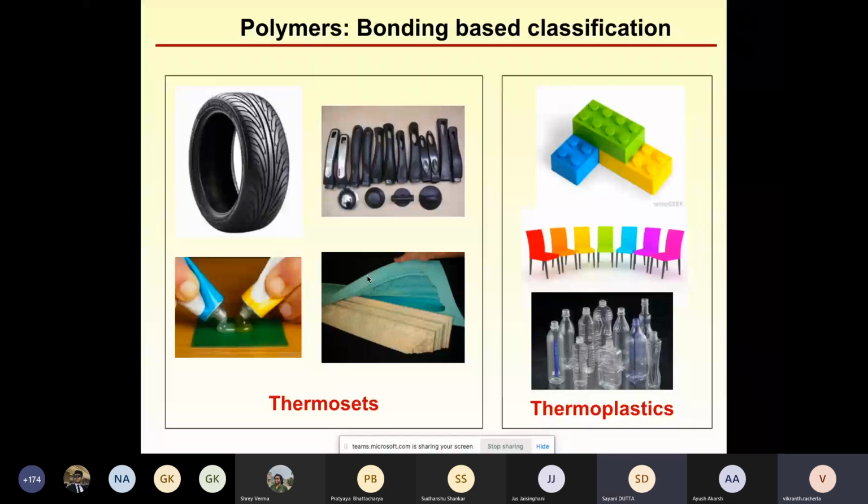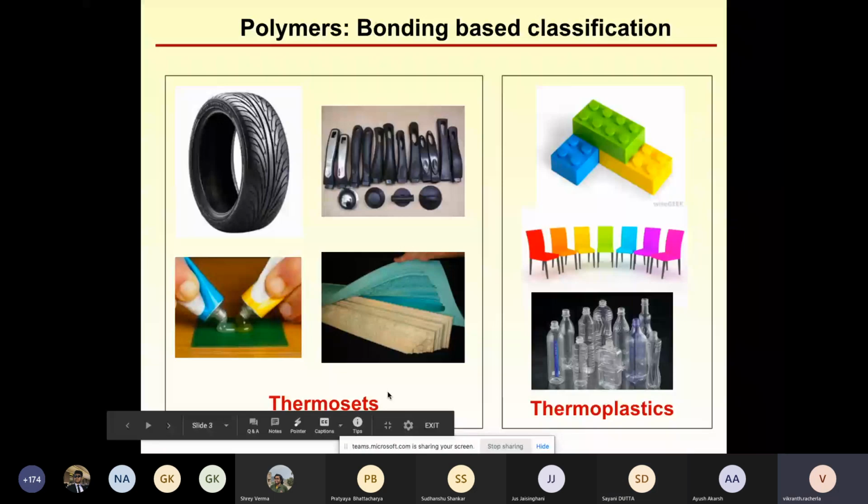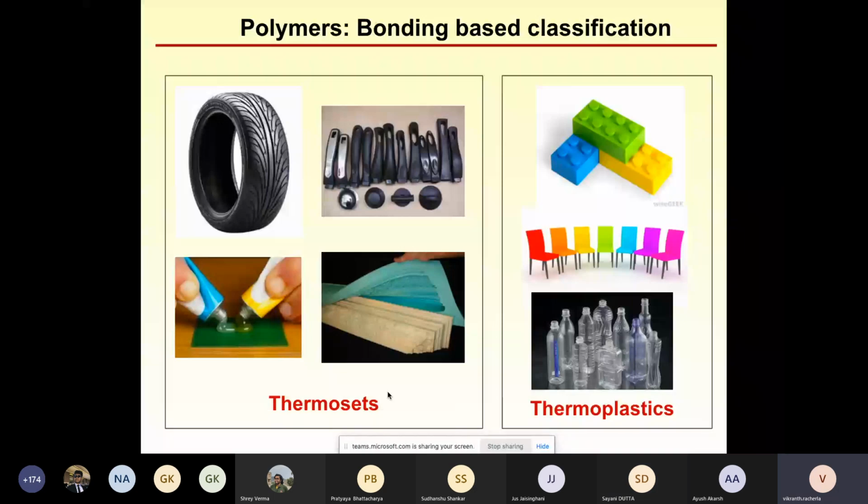Okay, so thermoset doesn't mean it is hard. It just means that if you heat it, it is not going to soften. It has much higher thermal stability, and its bonding is different between the polymeric molecules.